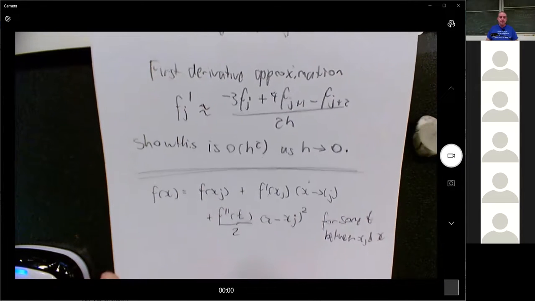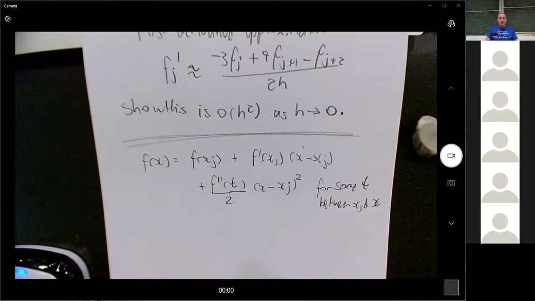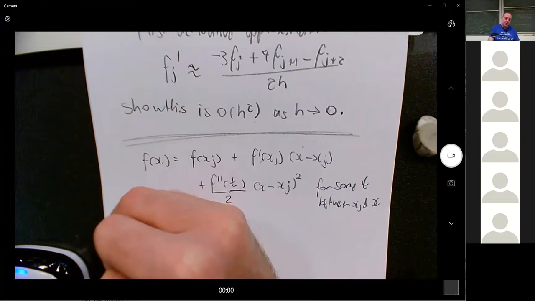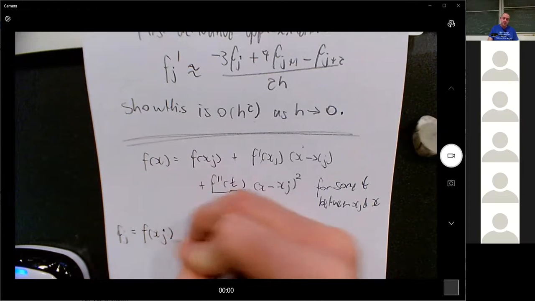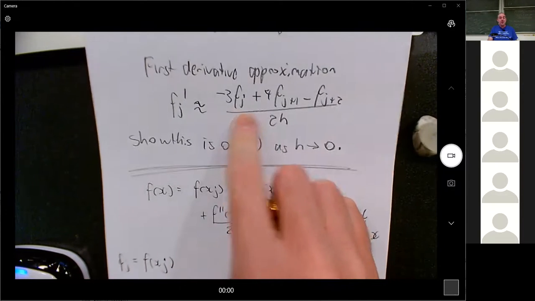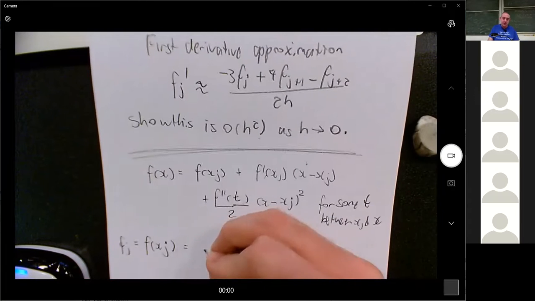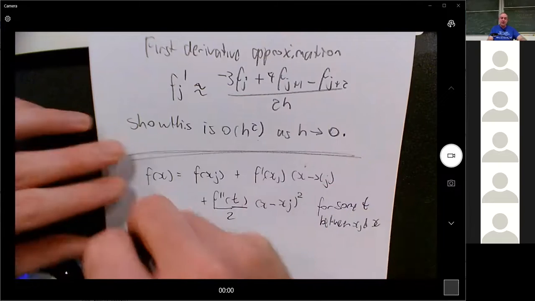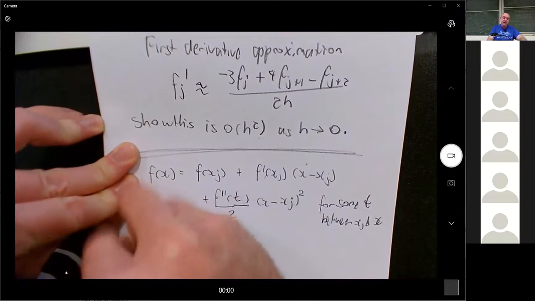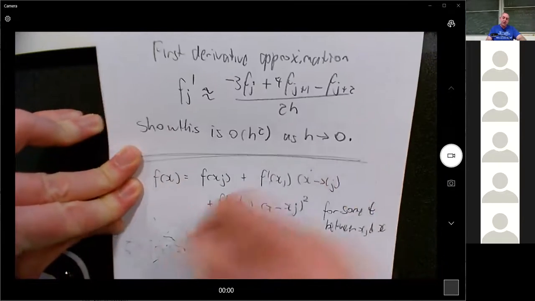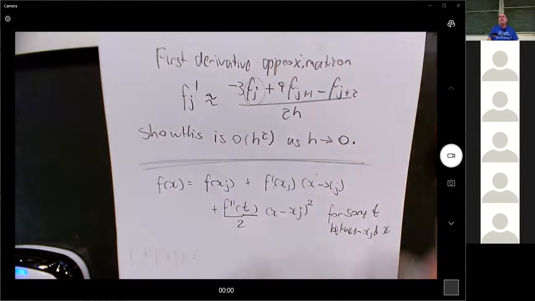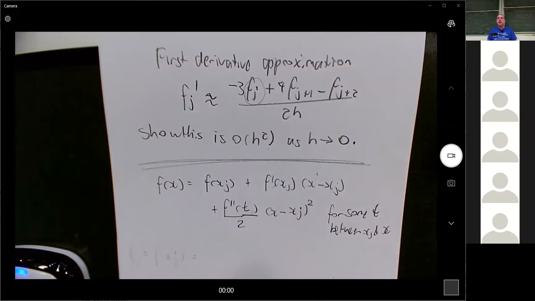And so what that means is that f of xj, which is what fj is, and that's the first thing that appears in this, is f of xj, and there's nothing I can do about that. Taylor's theorem doesn't help with that, because you need to know f of xj to figure out the other things.